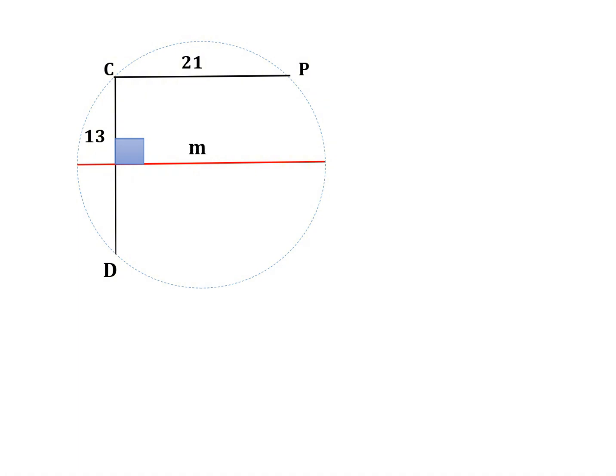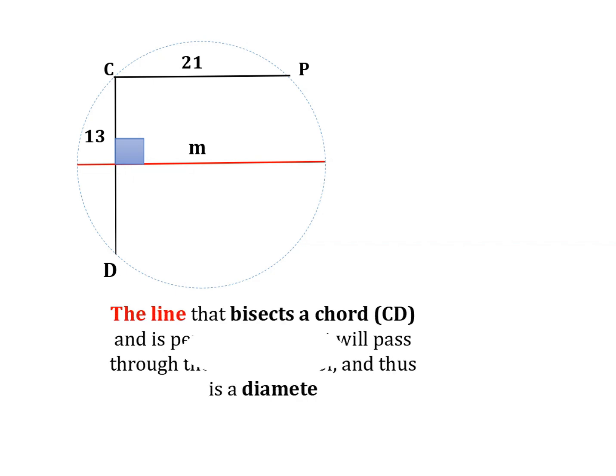M is the center of this circle, and there is a very important theorem. It said the line, the red line that bisects the chord CD and is perpendicular to it, will pass through the circle's center, right? So obviously CD is a chord and the red line is the bisector.